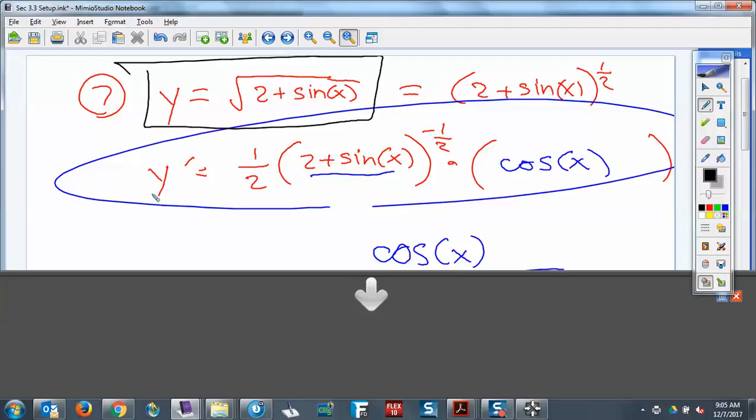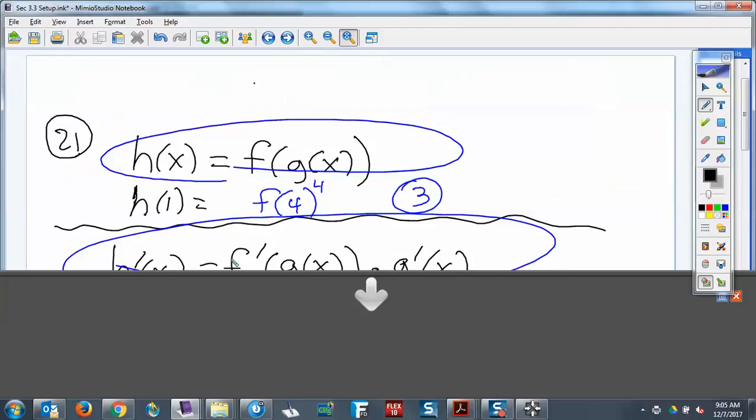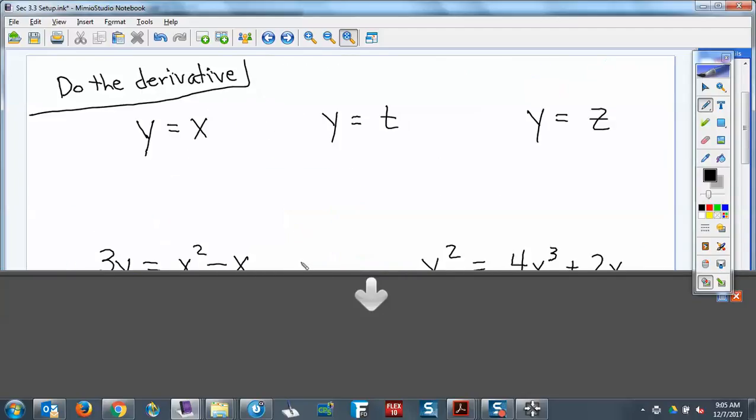We were saying do the derivative of both sides with respect to x. So over here, do the derivative with respect to x means you do the chain rule. Over here, do the derivative of y with respect to x. That's just dy over dx. That's just y prime. The derivative of y is y prime. Make sense? It was so obvious we didn't even say it. But now it becomes important to say, because it's not quite so obvious.